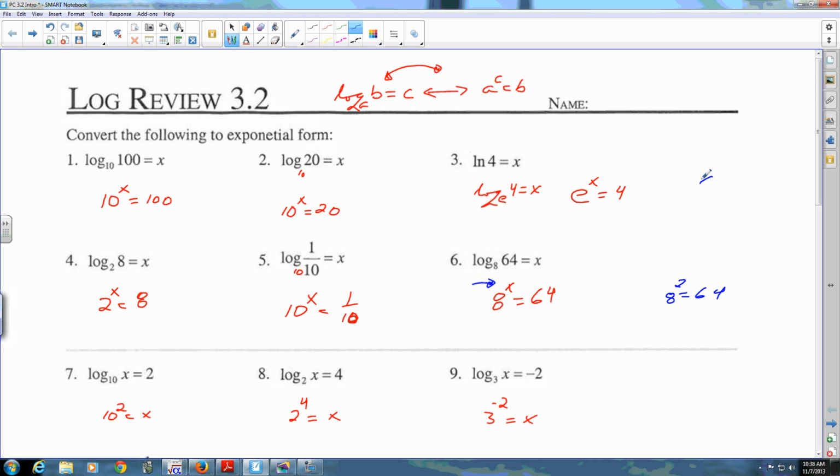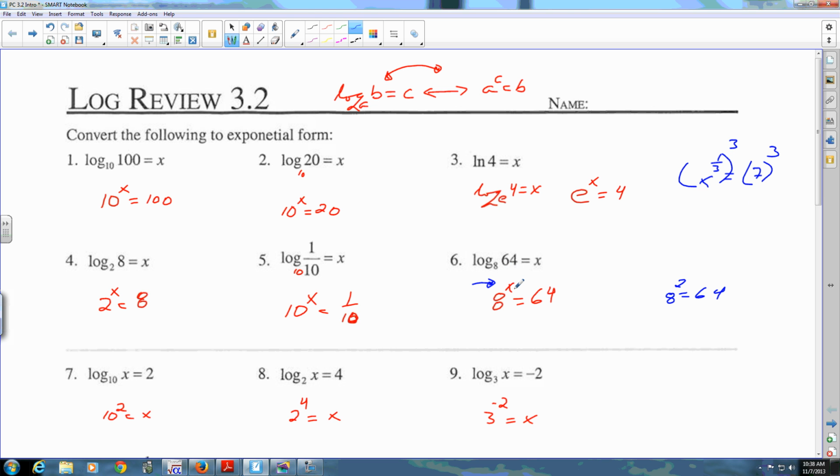If you guys had x to the 1/3 is equal to 7, you don't need a logarithm to solve that. You would raise both sides to the 3rd power to solve this. So you have tools when you have numbers as exponents to solve.